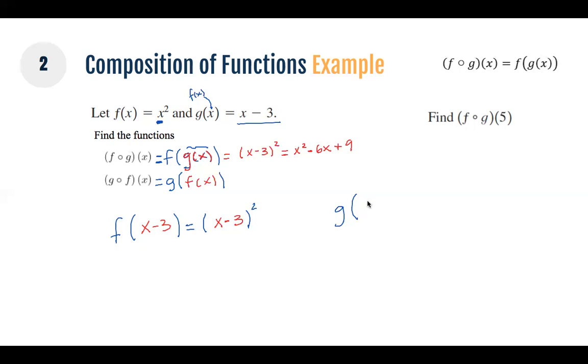So we're evaluating g with x squared as an input. So every time on g that we find an x, we're going to change it into an x squared.